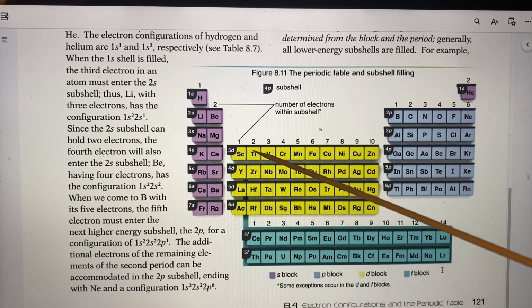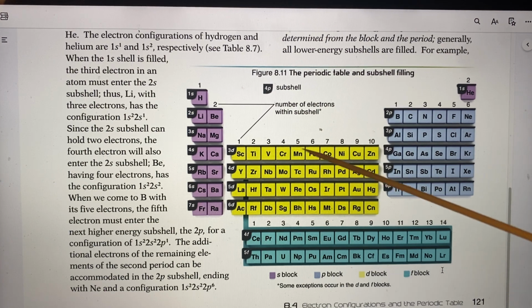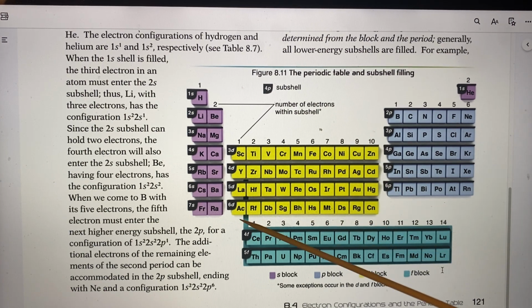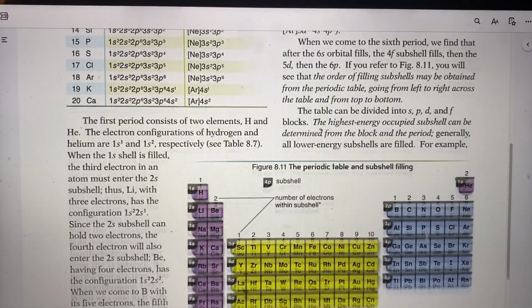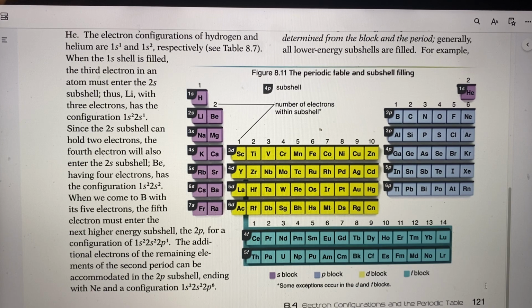It says number of electrons within the subshell. So you have 2p, 3p down here. You have 3d, 4d, 5d, 6d, 4f, 5f, and these are going to add to this. You know, go down from here. They just did the basic ones here. Not that you have to know all of these. You can go back to these charts.